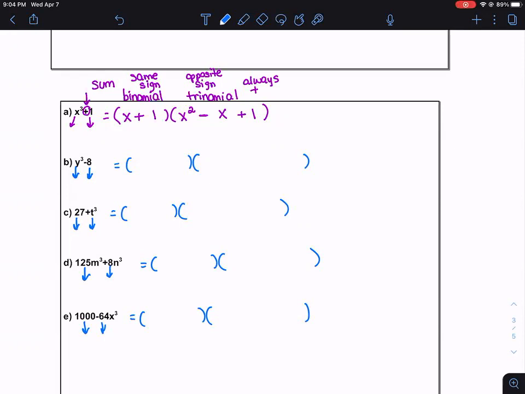About another minute or two. Okay, about another minute, last minute or so.